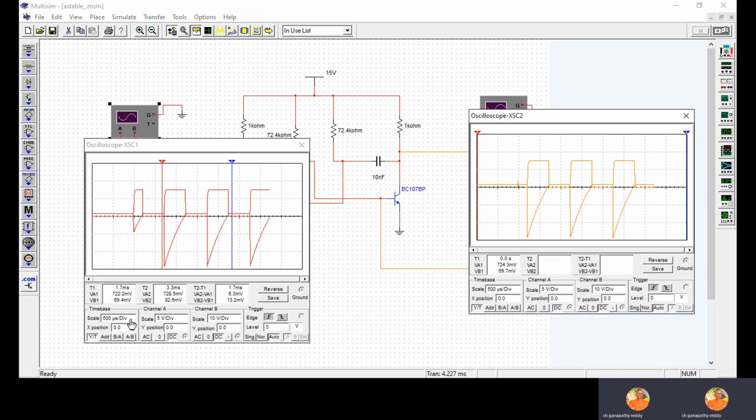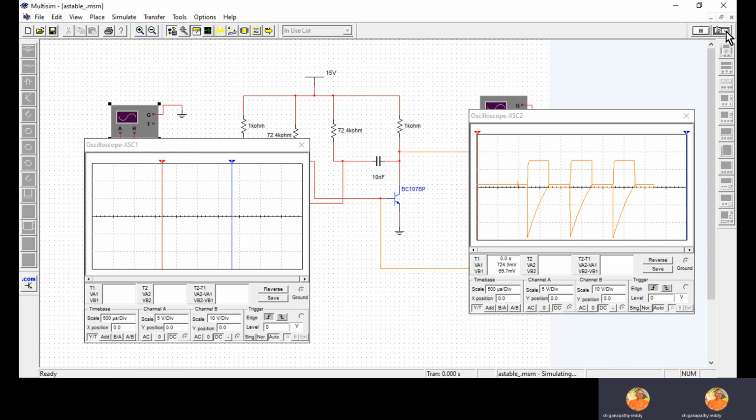Then if you want, expand this further. This itself is looking nice. So three waveforms are visible. You can just switch on and off; a better shape may also come sometimes.